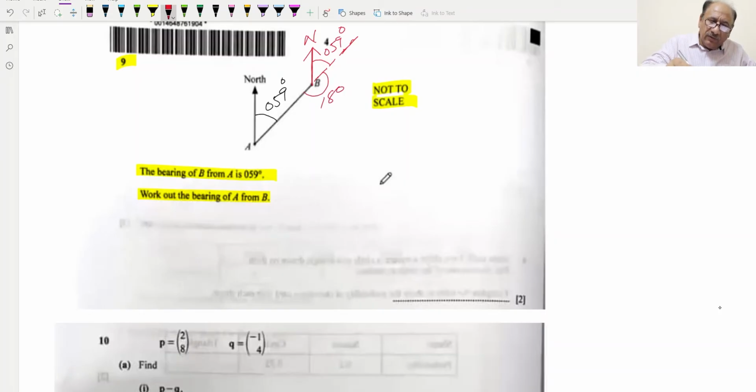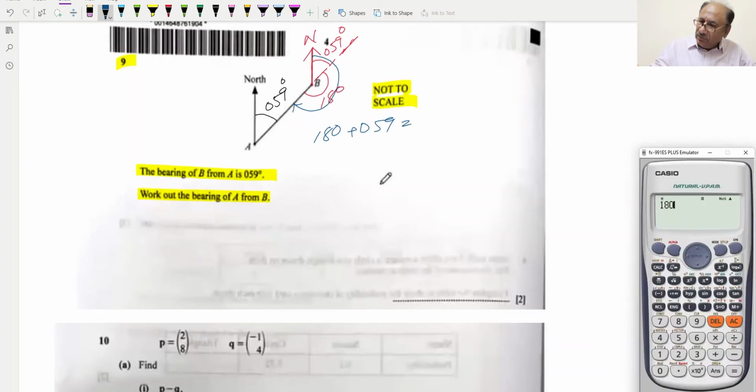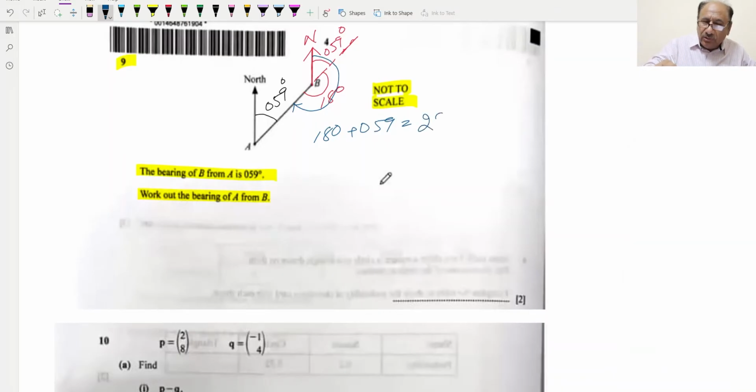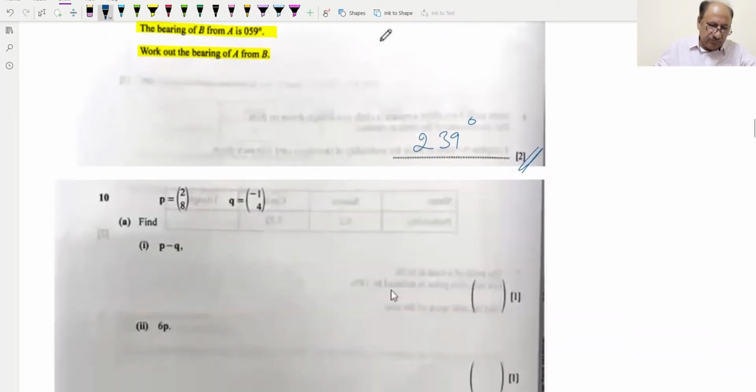So we'll add for this complete angle, up to this one, it will be 180 plus 059, which is equal to 239. So 239 degrees will be our final answer. Hopefully you understood this. So this was a 2 mark question which we have done.